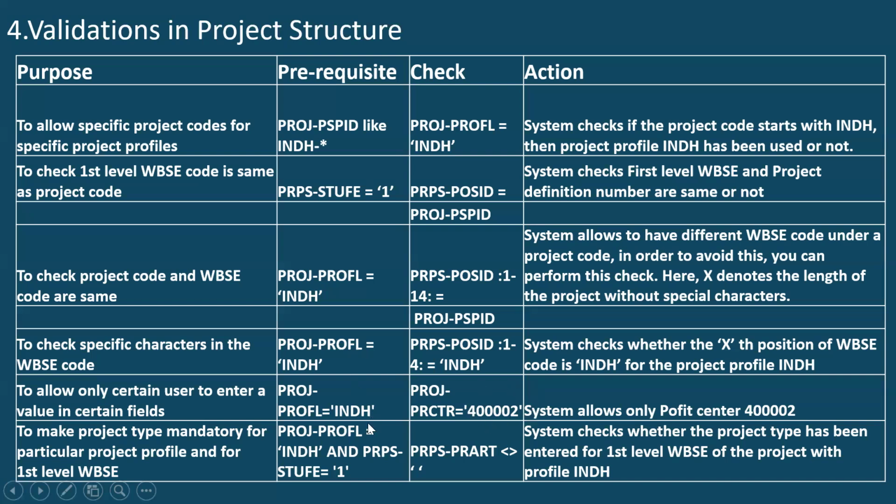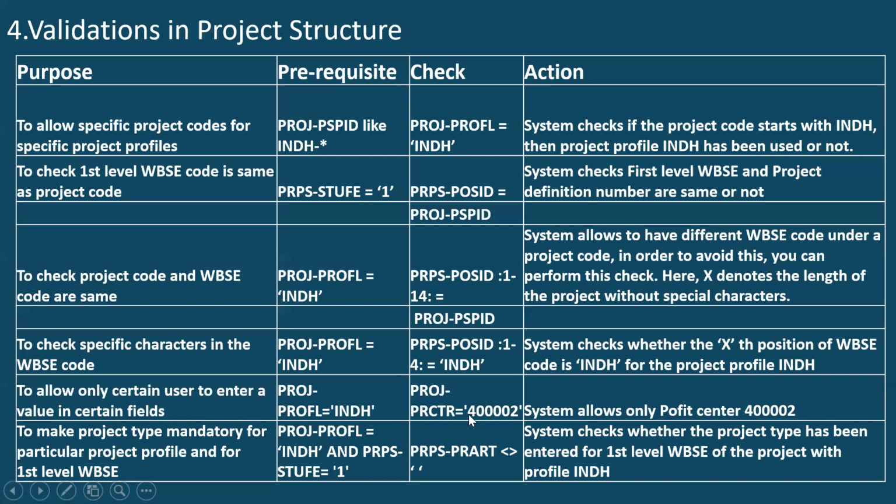Whenever I select this project profile, the system should understand that I am trying to create an independent house project definition, and for that I should select only this profit center, not any other profit center. That is the restriction, or the validation, that we need to add.